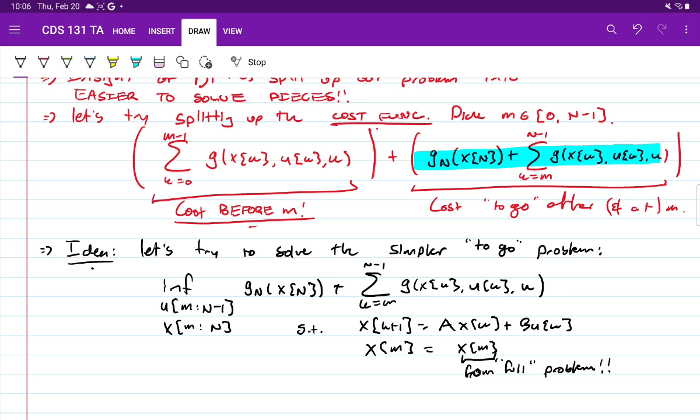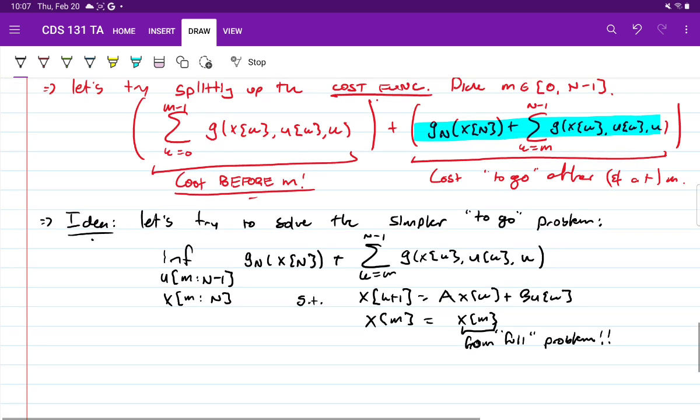What we want to do is figure out a way, which is a little bit clever, to use these to-go problems and get nice, simple optimization problems, okay? So here's what I'm going to do. There's one other problem that really sticks out with this to-go problem: if we're trying to solve this optimization problem over our entire horizon, we don't actually know where we're going to be at time step m, right?